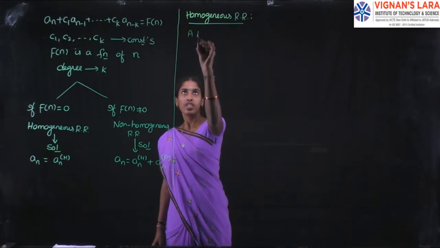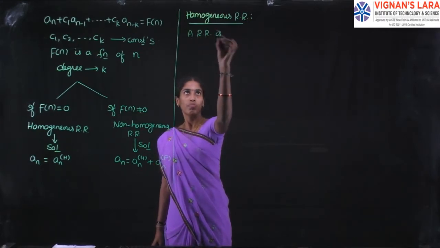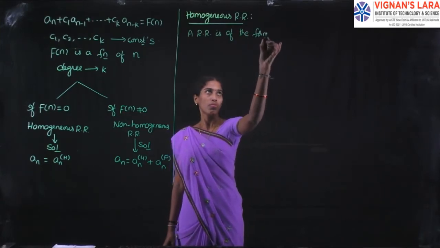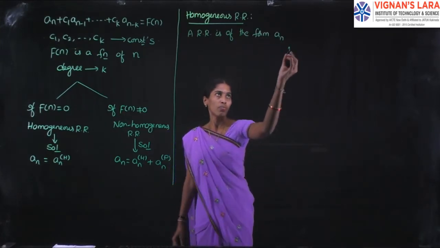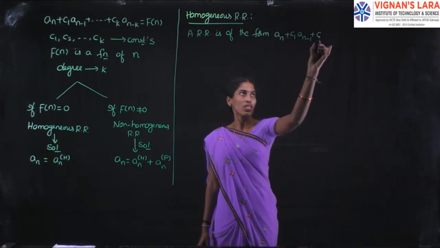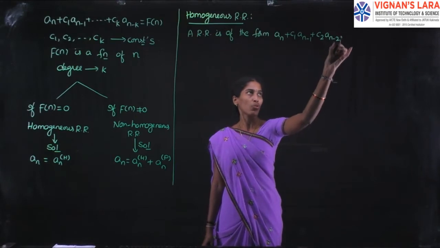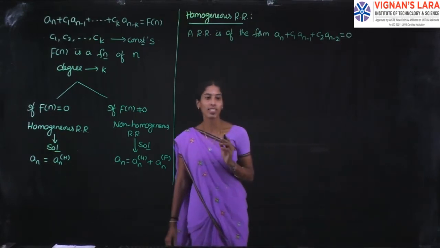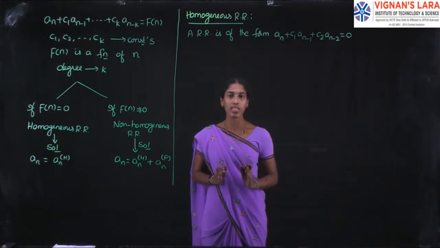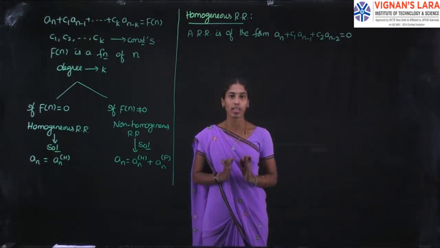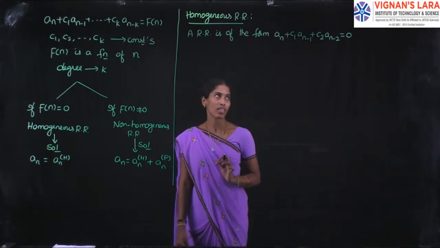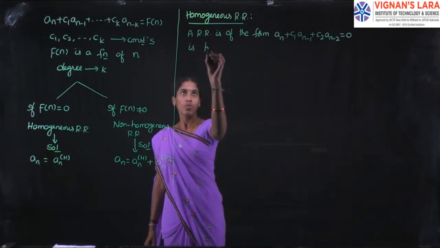A recurrence relation of the form a_n + c1 a_(n-1) + c2 a_(n-2) = 0. The right hand side is equal to 0, and these three terms involve constants and the sequence terms a_n, a_(n-1) and a_(n-2), so this is a homogeneous recurrence relation.